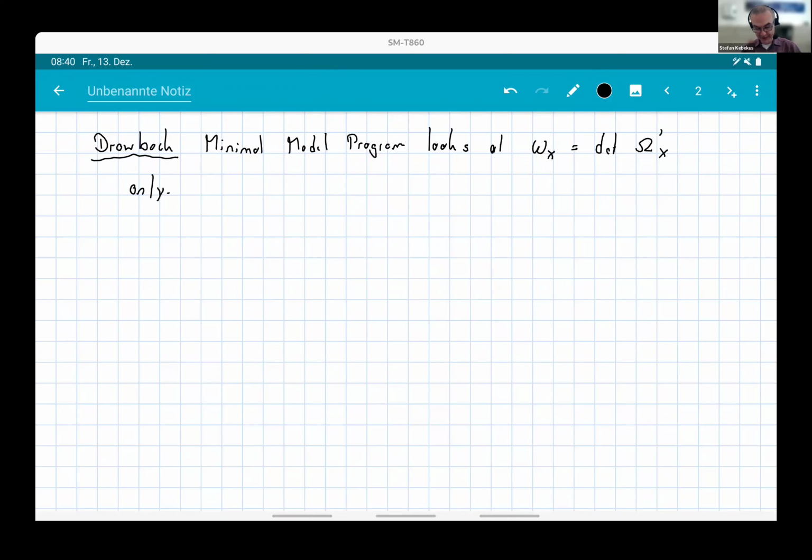So the minimal model program looks at the canonical bundle, or the positivity property of the canonical bundle only, but there is much more information in omega 1 compared to the determinant of omega 1.